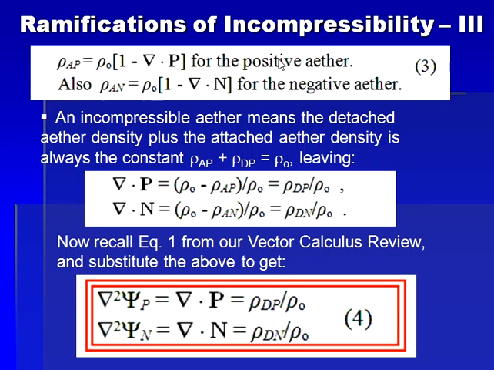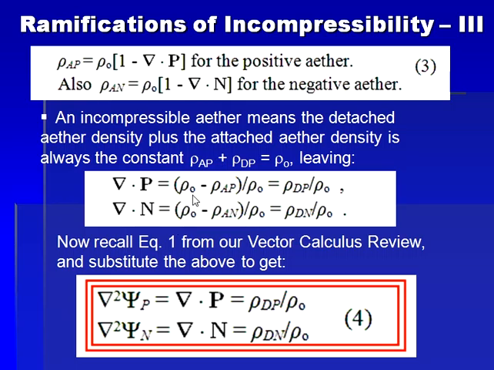Hence, we can manipulate equations 3 by bringing rho sub 0 times the divergence of P over to the left-hand side of the equation, and then bringing the density of the attached ether back over to the other side of the equation, and then dividing through by rho 0. This results in the expressions shown here.